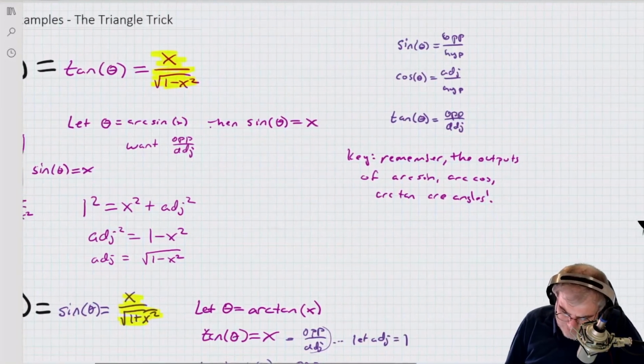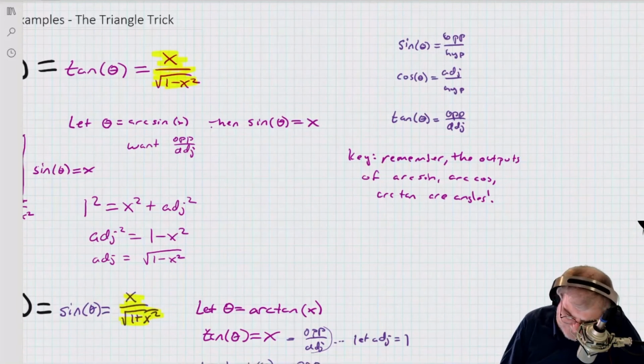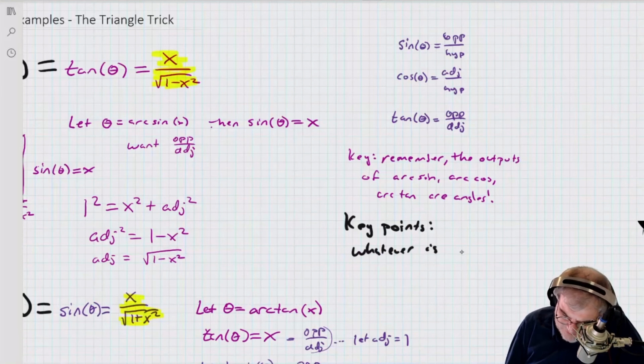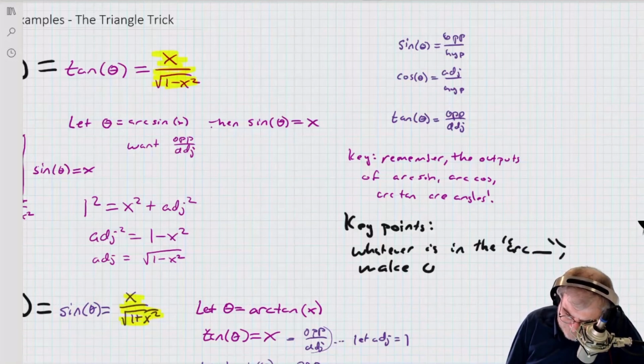So what are the key points? Whatever is in the arc, make theta, and then do some SOHCAHTOA.